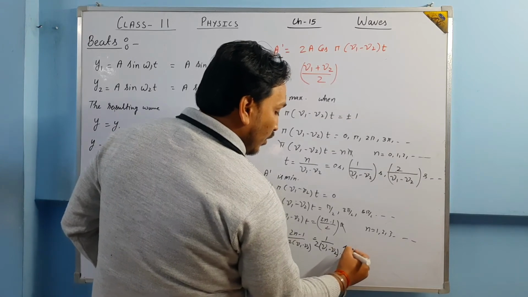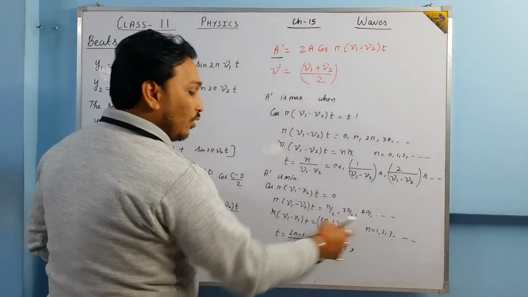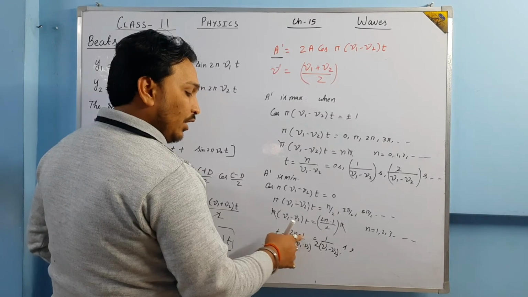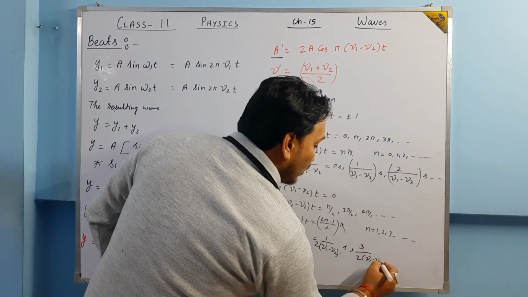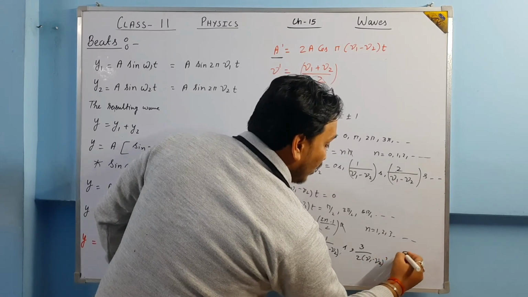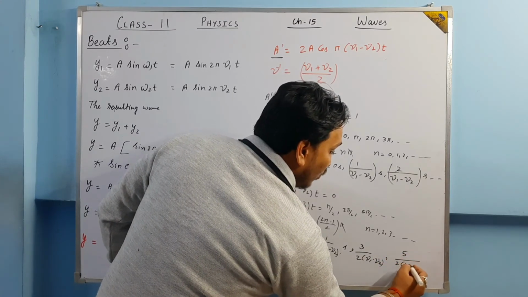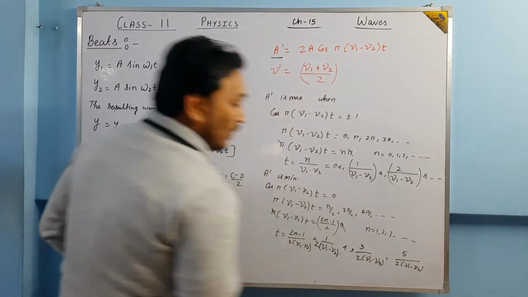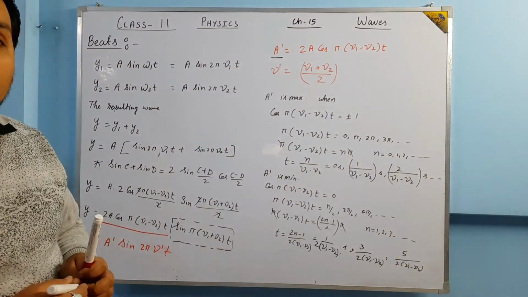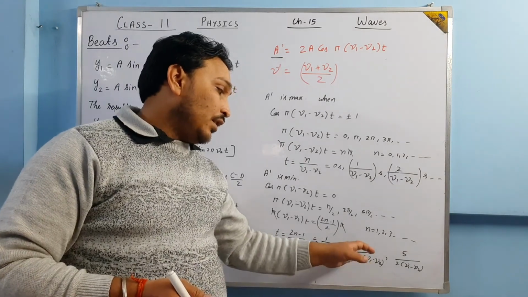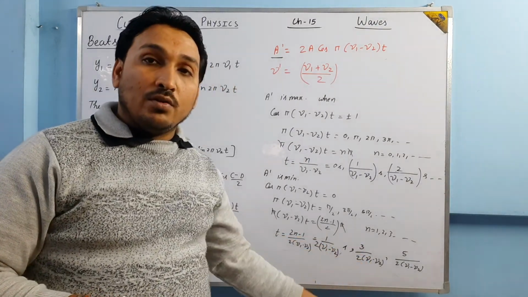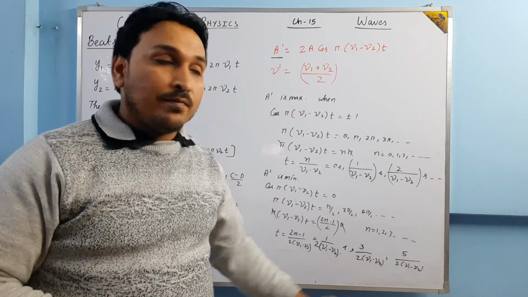The second minimum: put n is equal to 2, 2 twos are 4 minus 1, 3, so 3 upon 2(nu1 minus nu2). The third one is going to be at 5 upon 2(nu1 minus nu2). It will go on like that. So the time duration between two successive minimums, 3 by 2 minus 1 by 2, is equal to 1 only. So 1 upon (nu1 minus nu2).